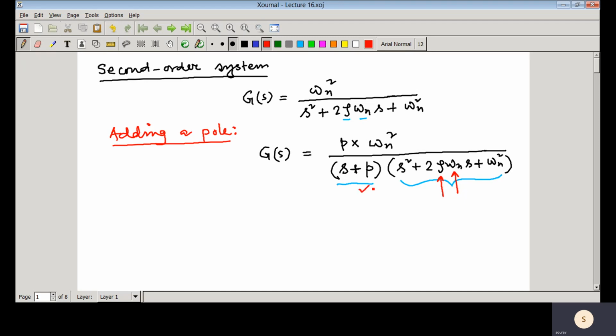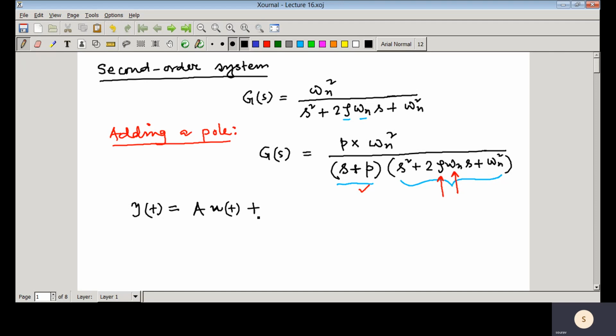But once we introduce this pole, this is no longer a second order system, and we cannot characterize that response using only zeta and omega n. So if we write the step response for this transfer function, that qualitative response would be like that.